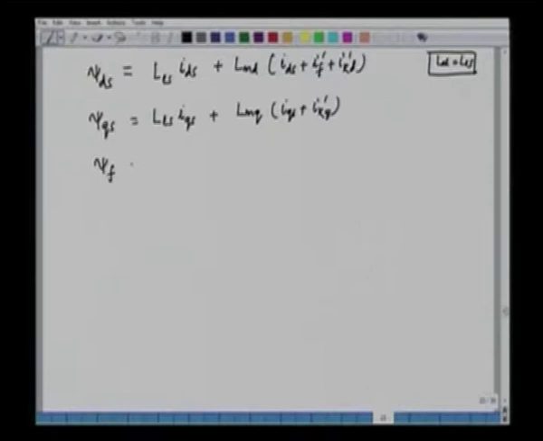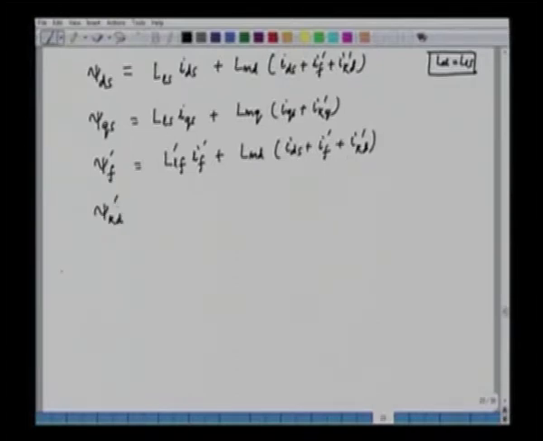The field flux linkage referred from the primary side is equal to LF prime into IF prime plus LMD into IDS plus IF prime plus IKD prime.